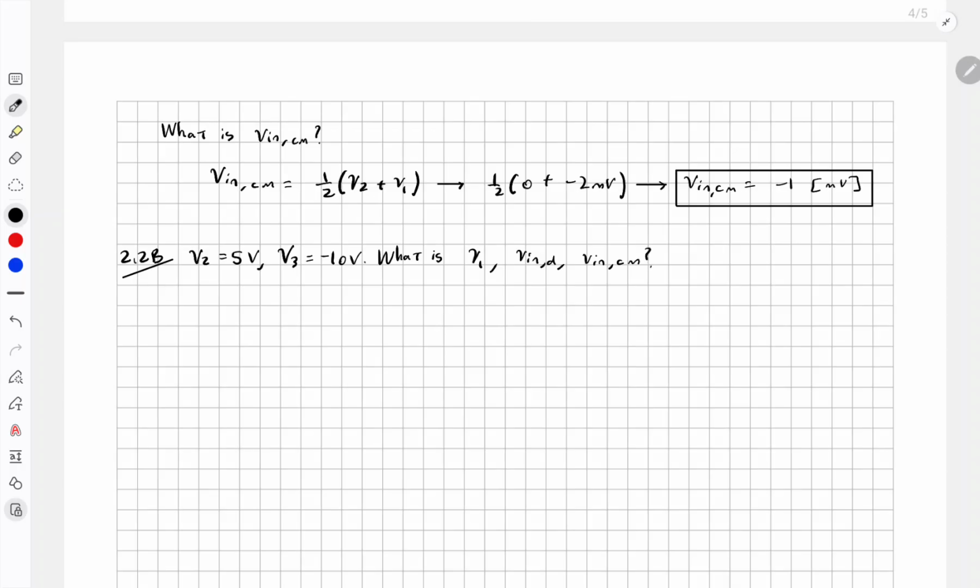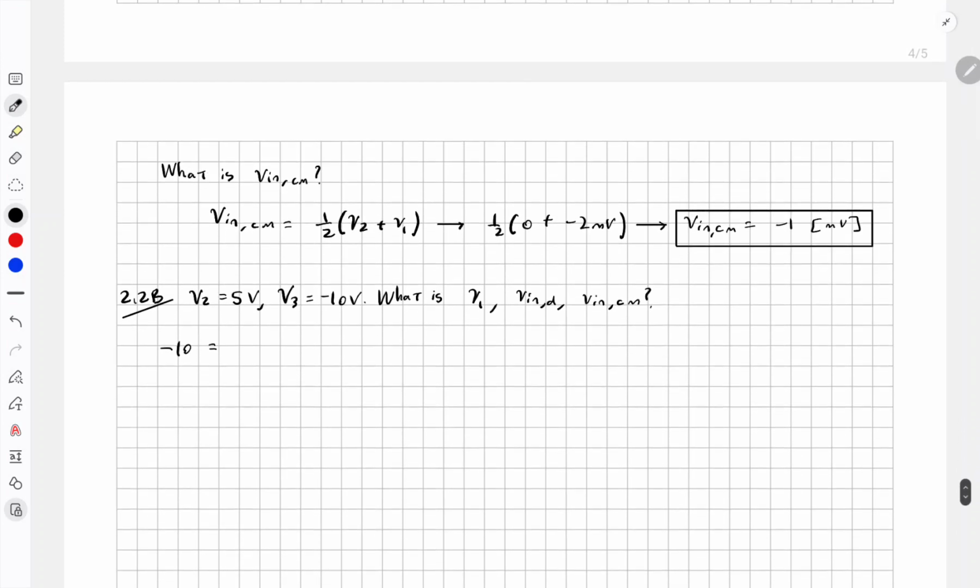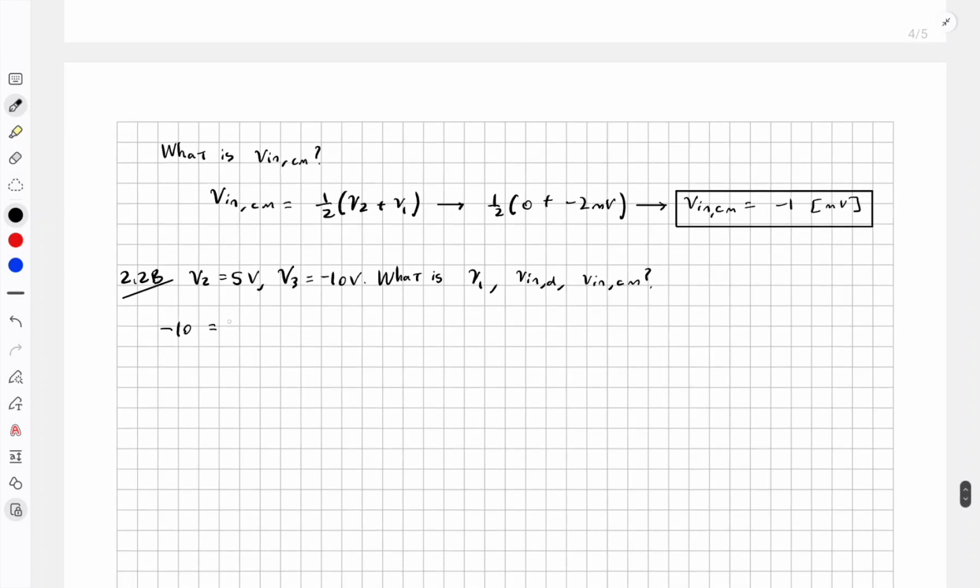We're doing the same problem as last time. V3 is equal to A times V2 minus V1. So negative 10 is equal to A times 5 minus V1.